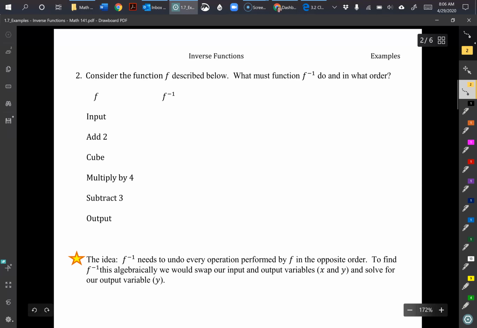Likewise, the last thing that happens to f is the first thing that happens to f inverse. So let's take a quick look at that. If we start here and work backwards, if we have output for f inverse, we're going to have input.